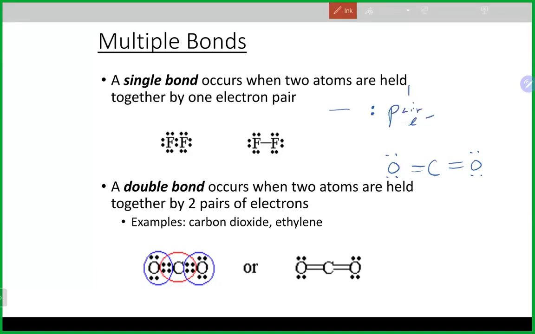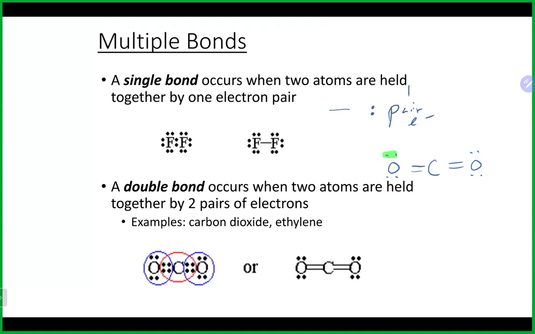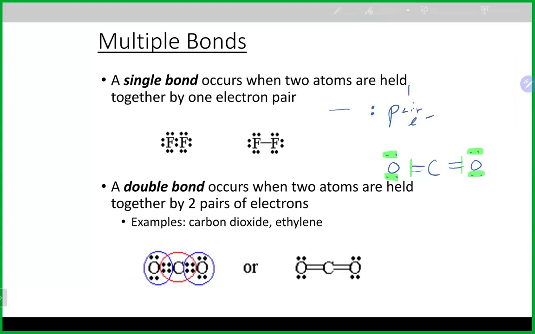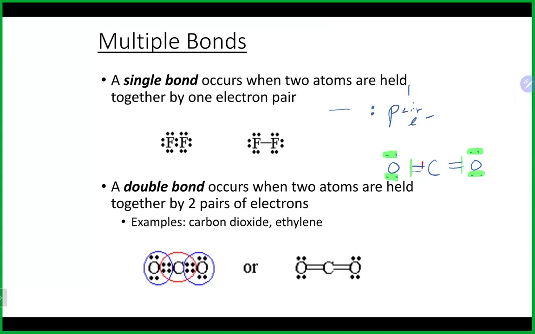Well, if we just kind of highlight things, this oxygen has 2, 4, 6, and 8 through the double bond there. This oxygen on the right, 2, 4, 6, and 8 electrons. The carbon in the middle will also have 8. I'll use a different color maybe. 2, 4, 6, and 8 electrons.